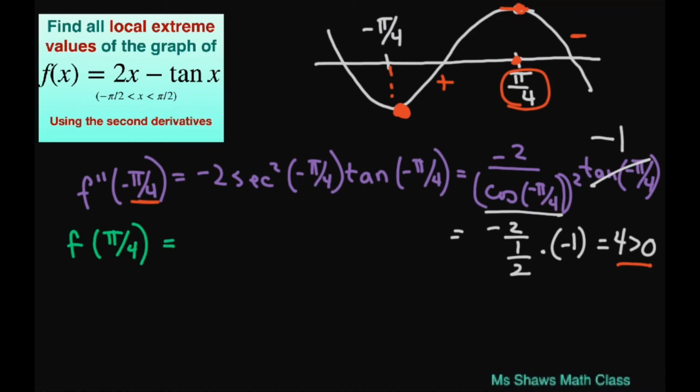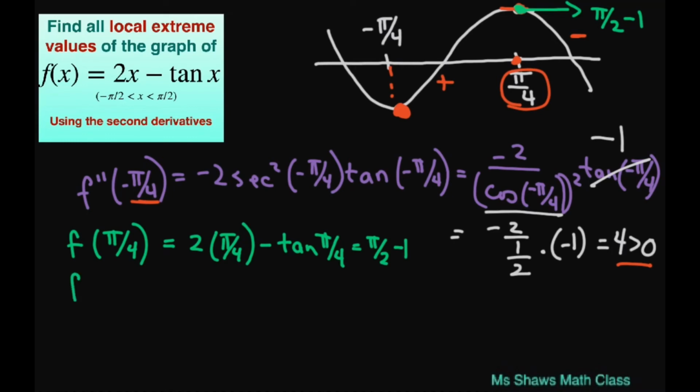That's going to equal 2 times pi divided by 4 minus tan of pi divided by 4. That's going to be pi divided by 2 minus 1. So at pi divided by 4, this value here is going to be pi divided by 2 minus 1.